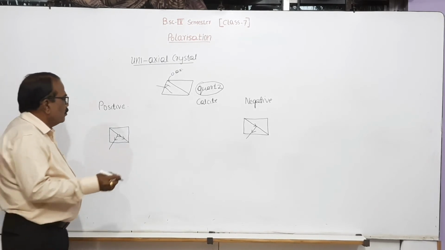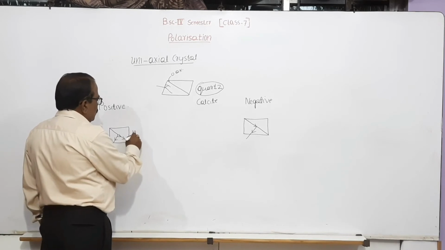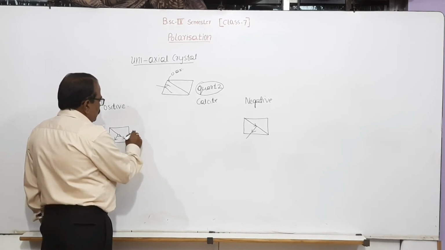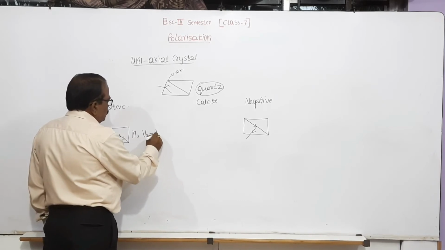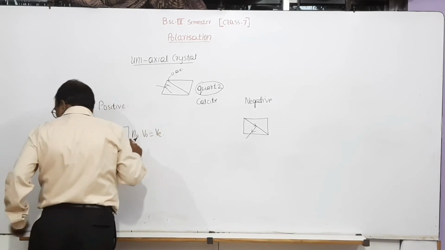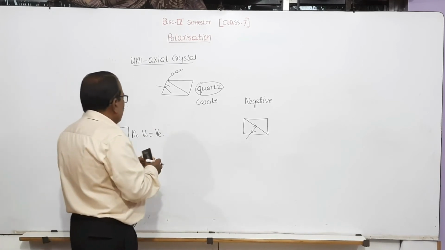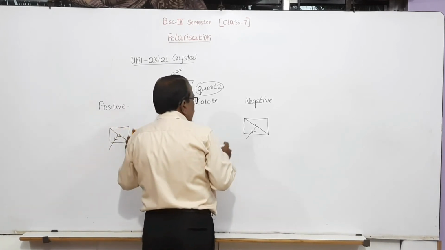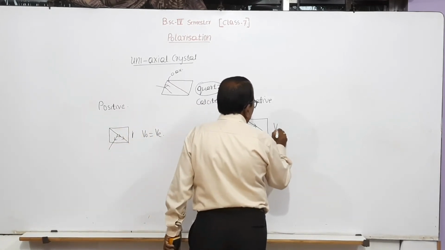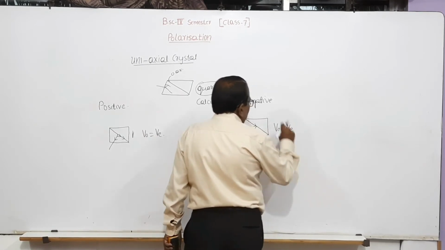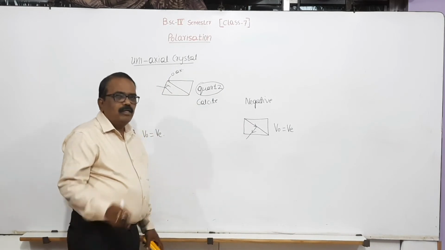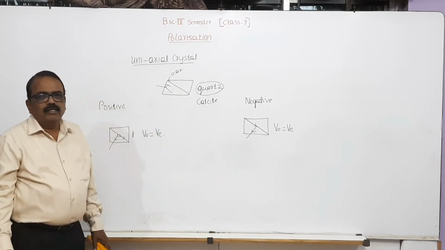Along this optic axis, here also, the velocity of the ordinary ray is equal to the velocity of the extraordinary ray inside the crystal.